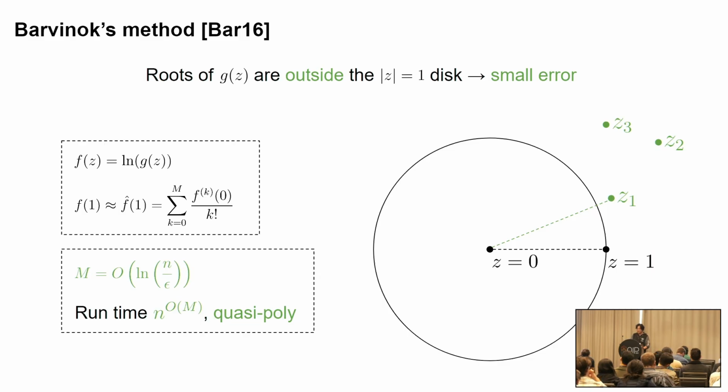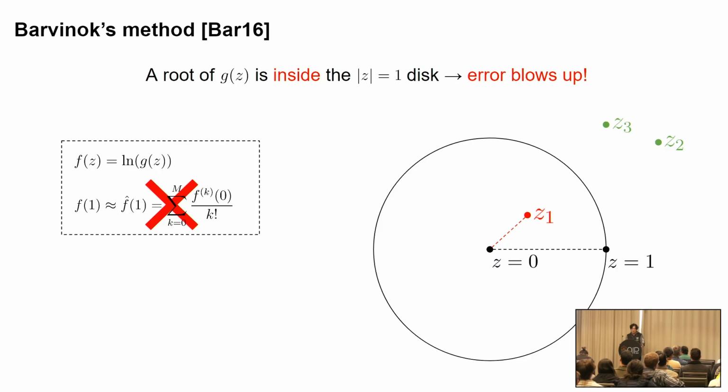Specifically, we can take up to log n over epsilon terms, which in turn results in a quasi-polynomial time algorithm because the k-th derivative can be computed in a time at most exponential in k. However, if there's just a single root of g(z) lying inside the disk, then the error blows up.